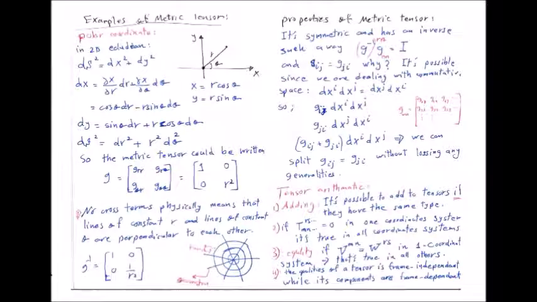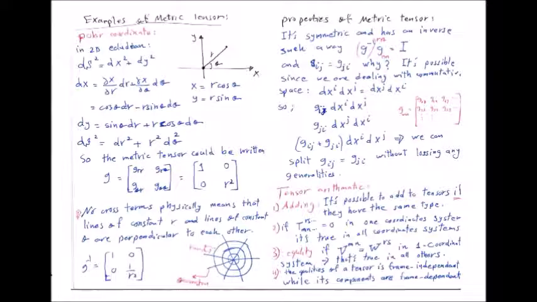That means dx i dx j equals dx j dx i. Because of g ij plus g ji times dx i dx j, I can split this to be symmetric without losing any generality, and this is the important idea here.